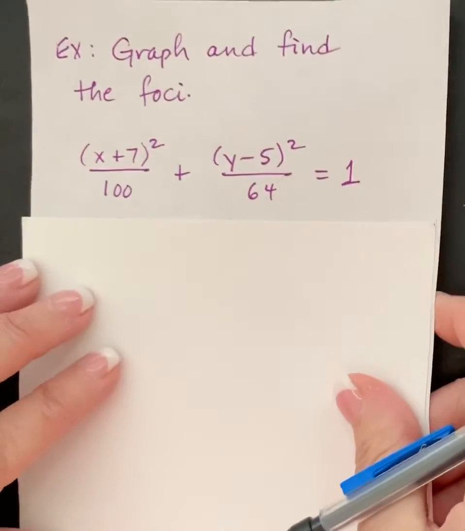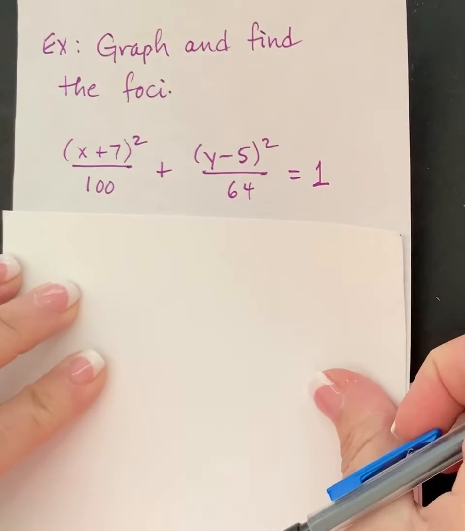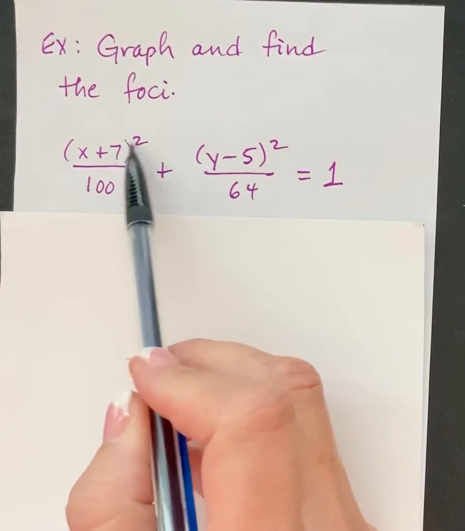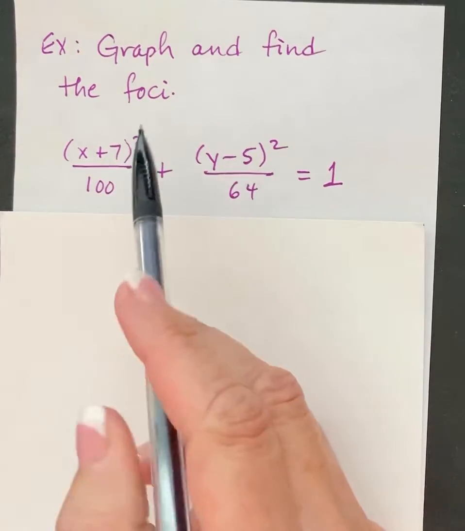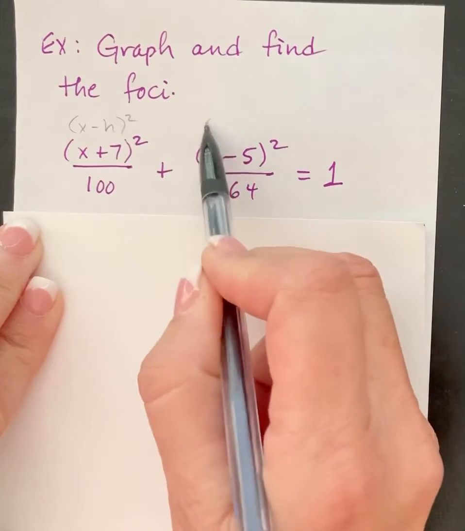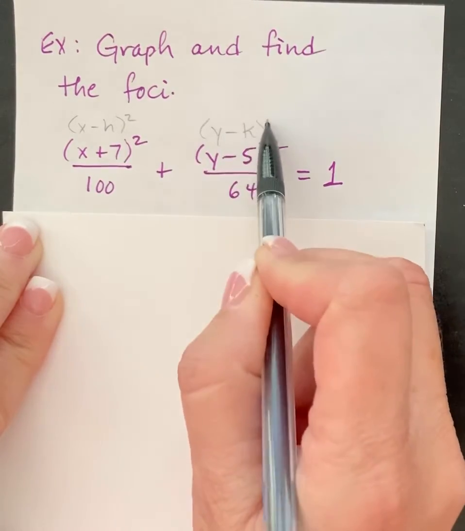Okay, now a couple quick problems. All right, this one says graph and find the foci. So when you look at it, you can see it's not just an x squared and y squared. It's that whole (x - h) squared and (y - k) squared.